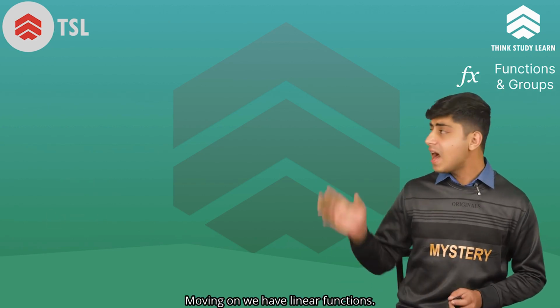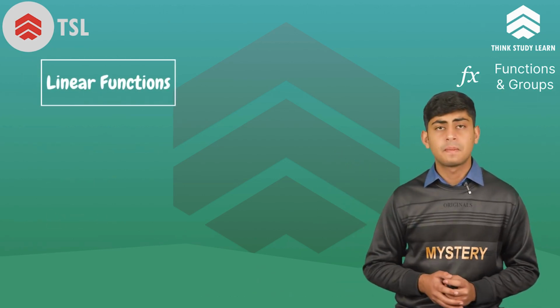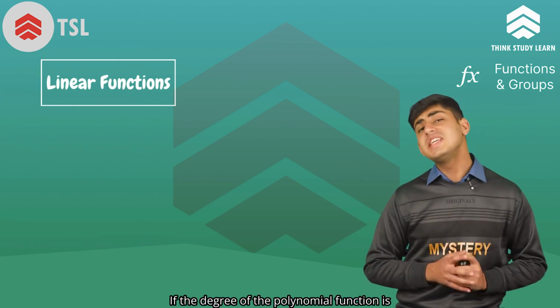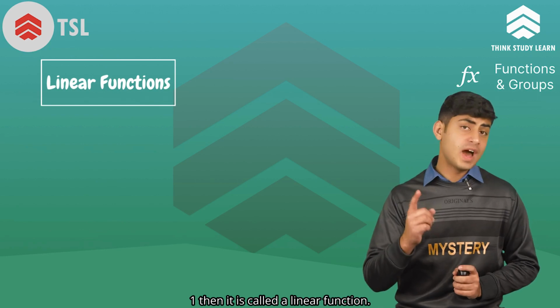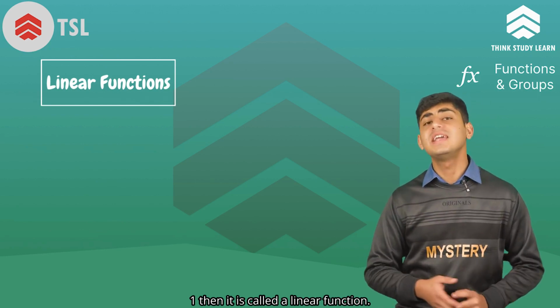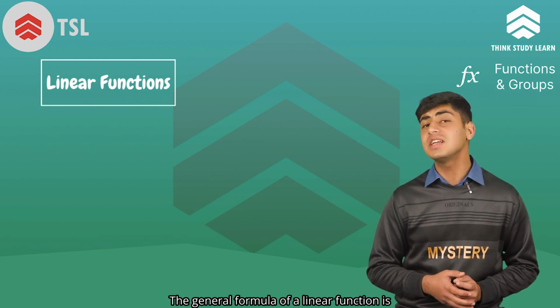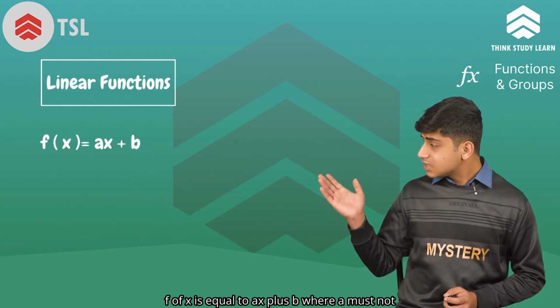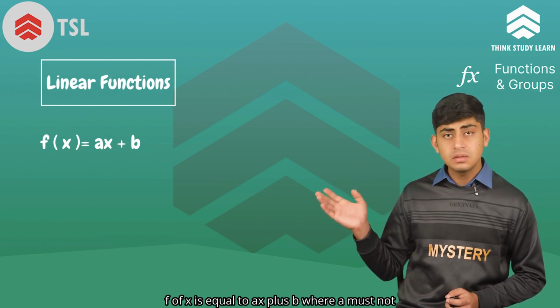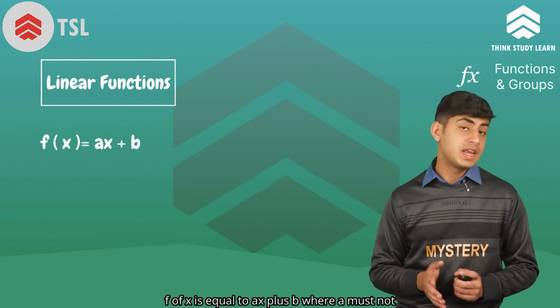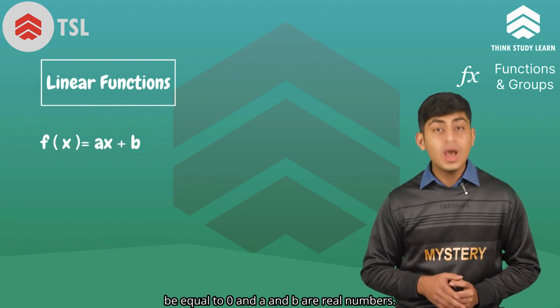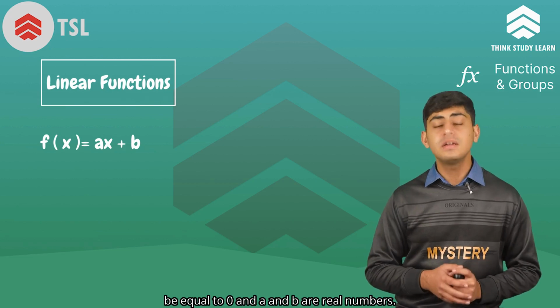Moving on, we have linear functions. If the degree of the polynomial function is 1, then it is called a linear function. The general formula of a linear function is f(x) = ax + b, where a must not be equal to 0 and a and b are real numbers.